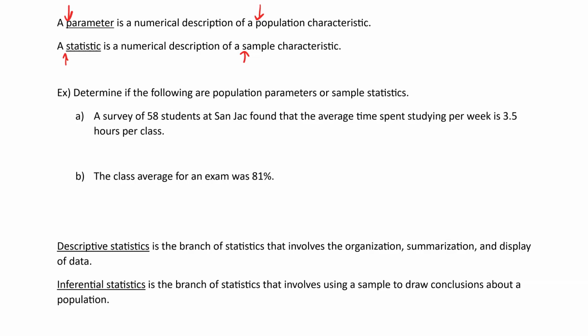So in this case, we're not actually looking at all students at Sanjak. We're just looking at the 58 students. That's what that 3.5 hours is. It's not the average time for everyone. It's the average time for those 58 students. So in this case, it is a sample statistic.